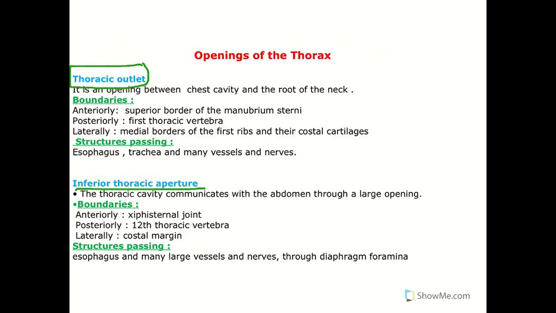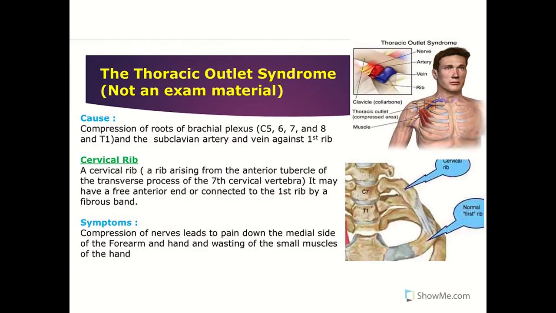Okay, the inferior thoracic aperture is bounded anteriorly by the xiphoid process of the sternum and posteriorly by the 12th thoracic vertebra. This clinical picture is called thoracic outlet syndrome. It is not very important for you to know the details, but for those who are interested, we have an extra rib.